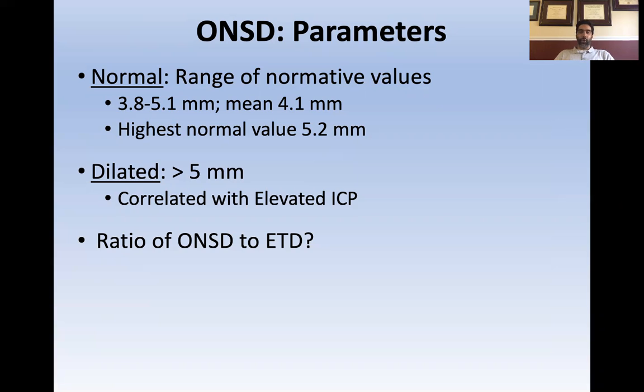The highest normal value recorded in any of these studies was 5.2. So that's where that magic number of 5 millimeters comes from. If your optic nerve sheath is dilated more than 5 millimeters and you have clinical concern for high ICP, then this is sort of a positive screening test for intracranial hypertension.